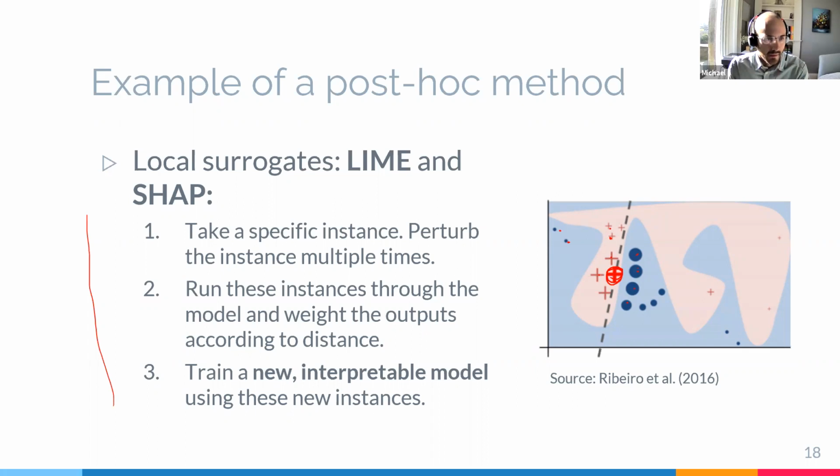We then run these instances through the model, which gives us results, and we weight those results according to the distance from the original instance, normally by a Euclidean distance. So we know now these are this circle class, and these are crosses, and we know that the sizes here are different too. And then what we do is we take that data we've generated and we use that to train a new interpretable model.